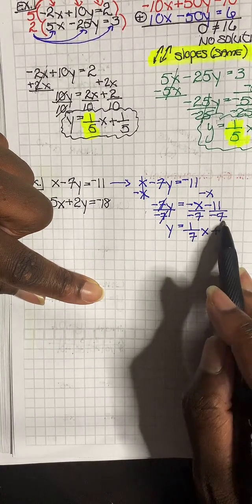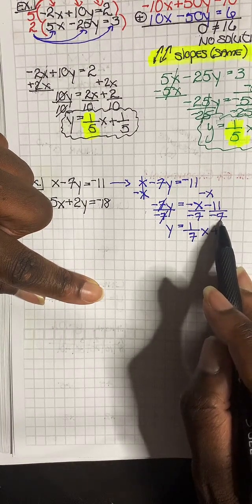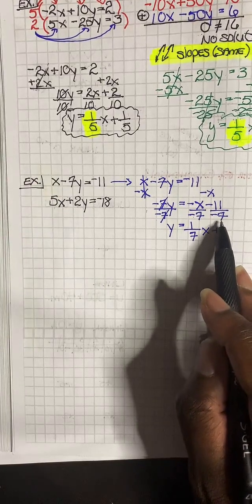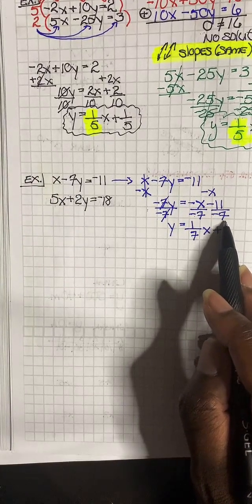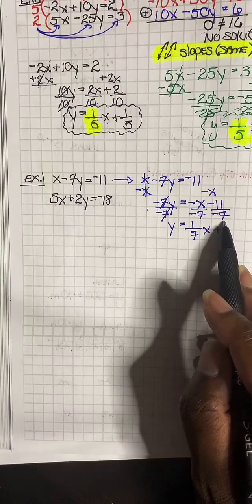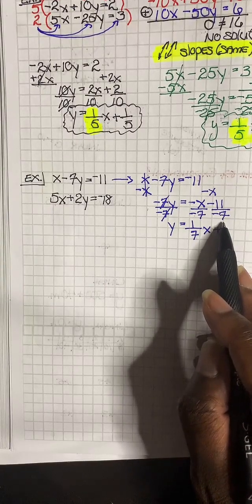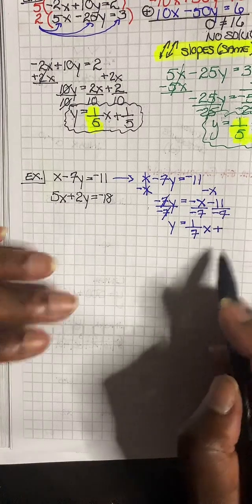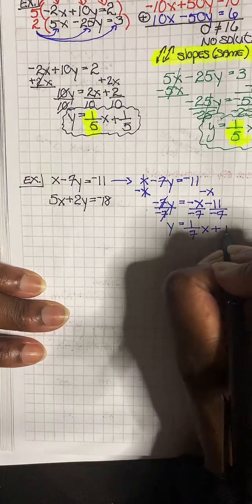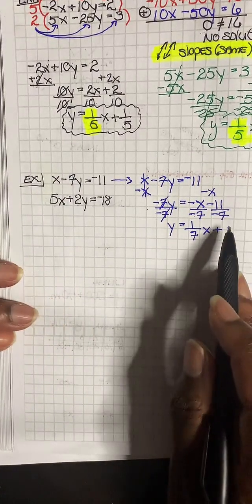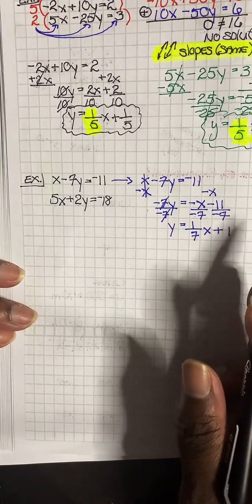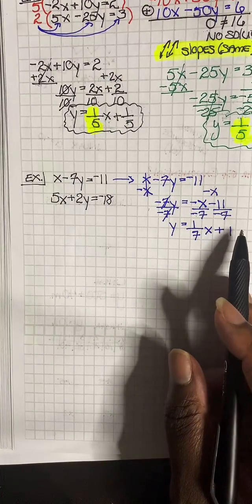Now, since this is going to be our starting point to graph, it's kind of tough to figure out what 11/7 is. So if you think, okay, well, I know how many 7s can go into 11 evenly. I know that there is 1. So if I take my 11 minus 7, that will give me a 4.